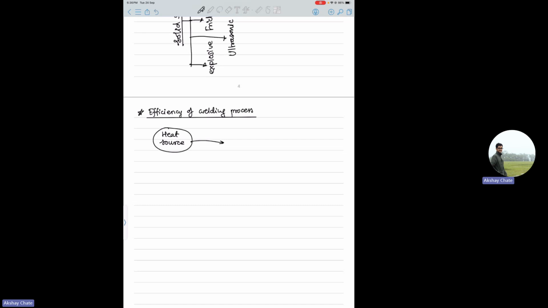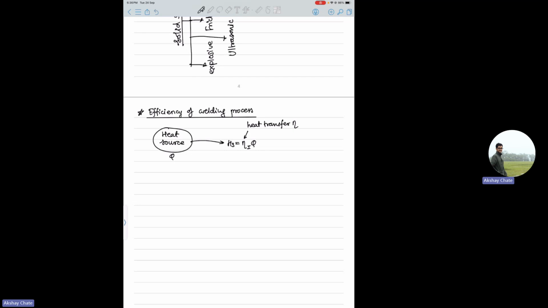Let's say from the heat source you took Q watts or joules of heat, but you will receive HS amount of heat at the welding station, which is efficiency 1 into Q. This is called heat transfer efficiency, because there will be atmospheric losses.